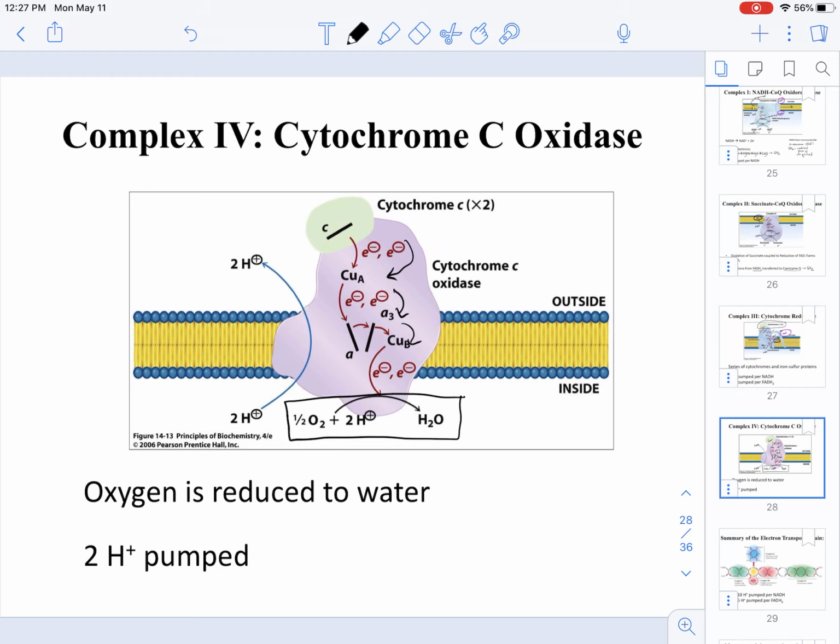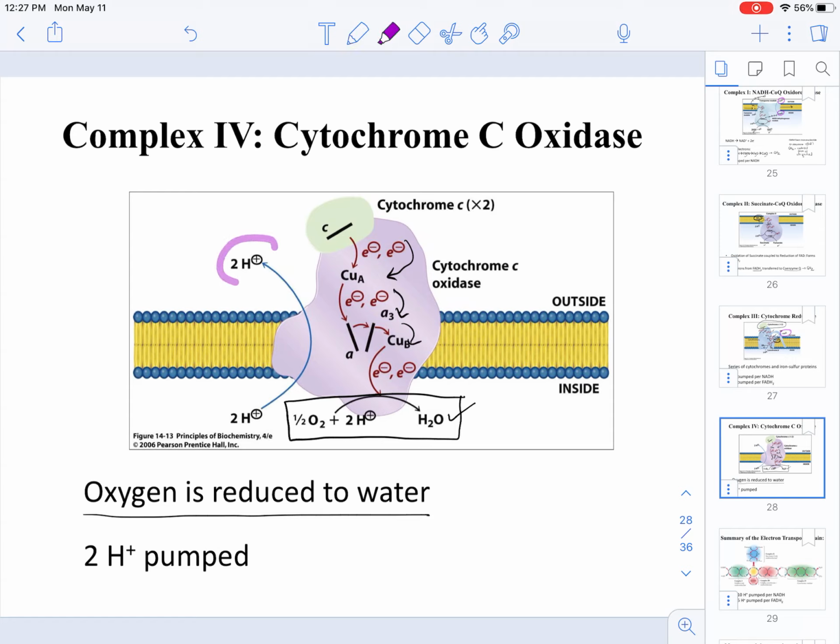Oxygen is going to be accepting these electrons, is going to be combining with protons, and we are going to be making water, okay? So ultimately, on complex 4, which is called cytochrome C oxidase, we are going to be having oxygen reduced to water. Understand that complex 4 also pumps 2 protons, okay?